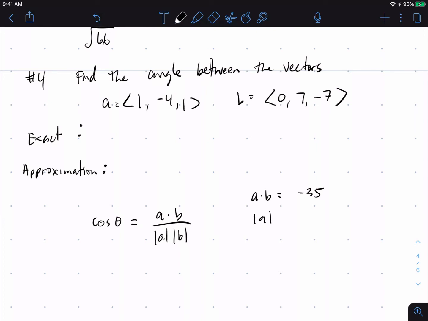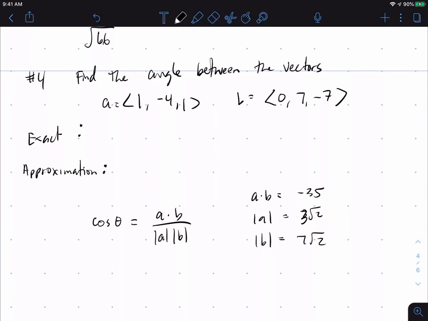The magnitude of A is root 18, which is 3 radical 2, right? And what about the magnitude of B? Root 98, which is the same as 7 radical 2.